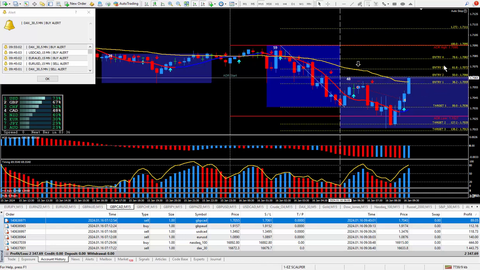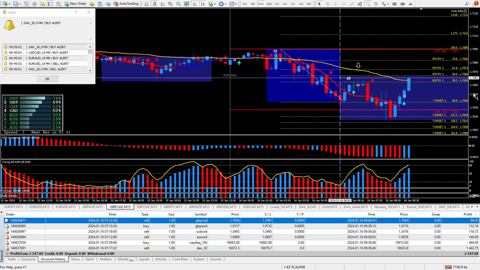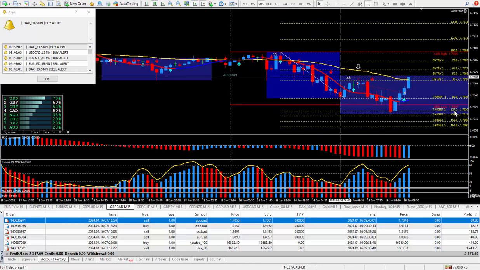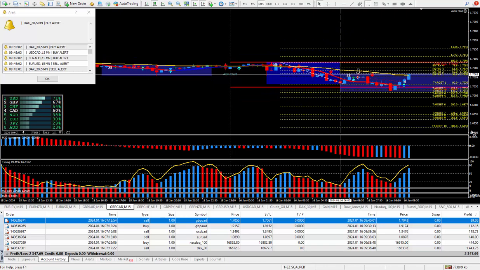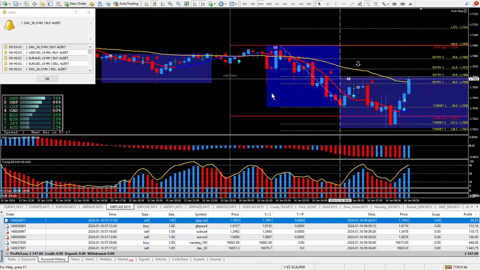Usually if it hits entry 1, 2, or 3, it'll go down to at least minimum 2, 3, 4, 5 or more. And as you scroll down, it goes all the way down to number 10.